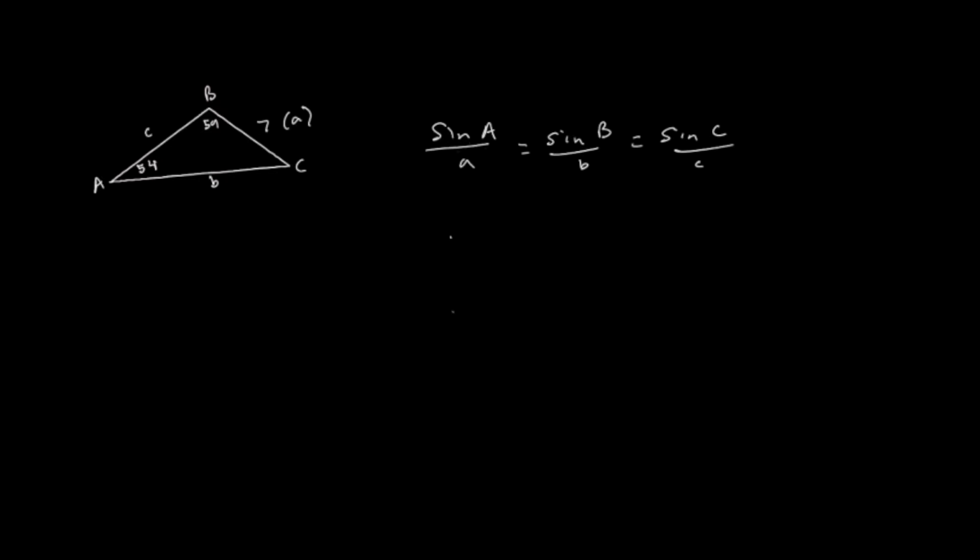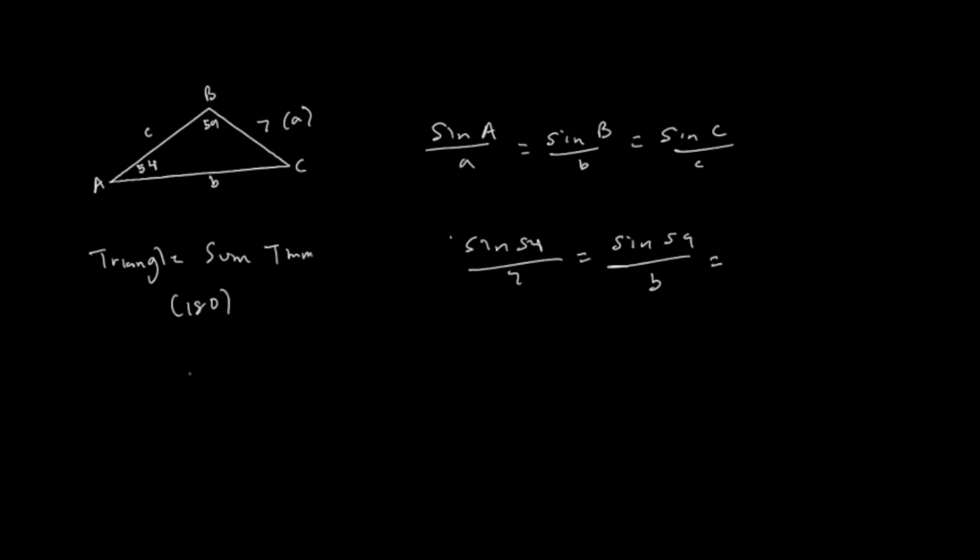So let's first input these values in. We have sine of 54 over 7 equals sine of 59 over b. Even though we're not given the angle C, we can solve for it using the triangle sum theorem, because we know that all the angles have to equal 180.